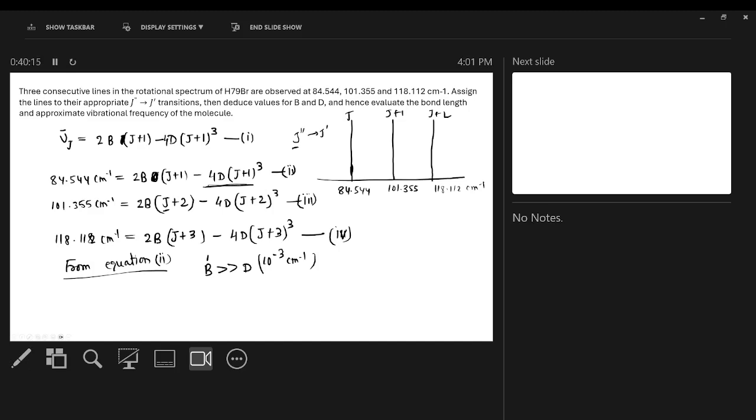So we can write 84.544 is equal to 2B (J plus 1).